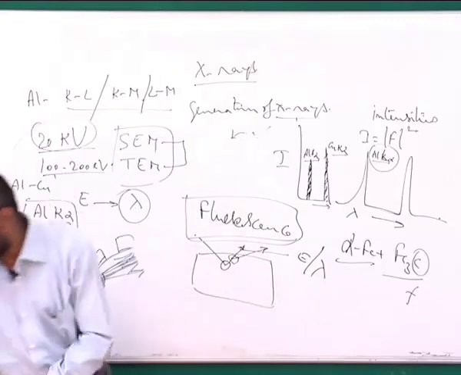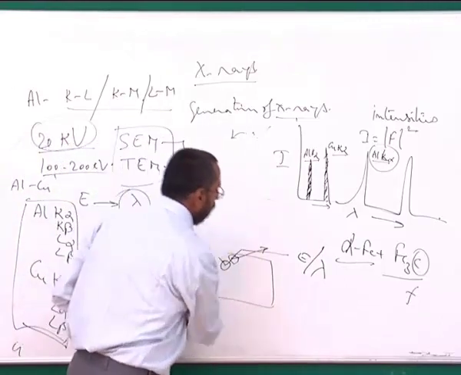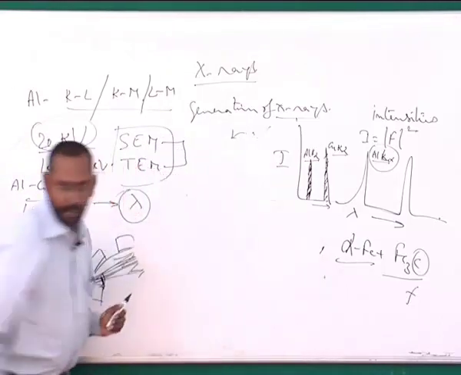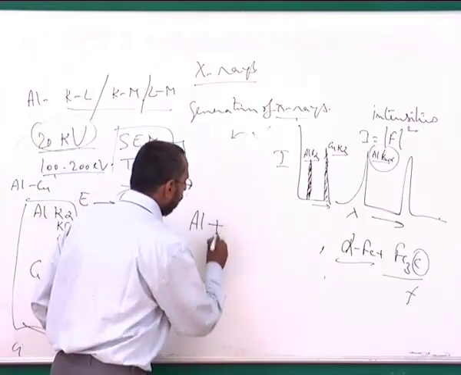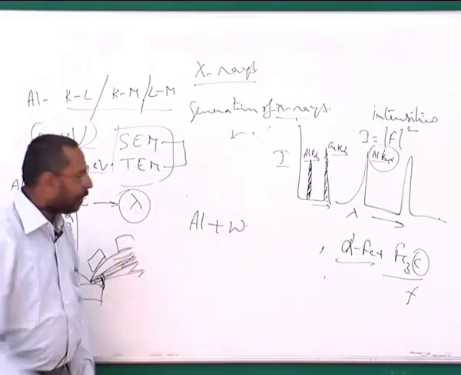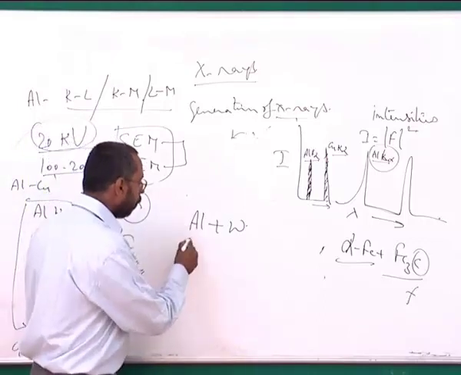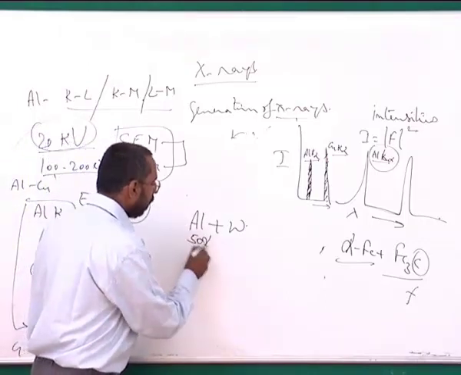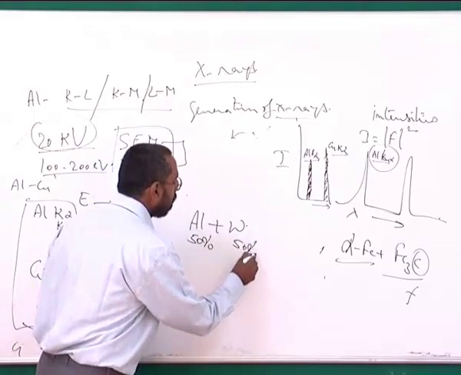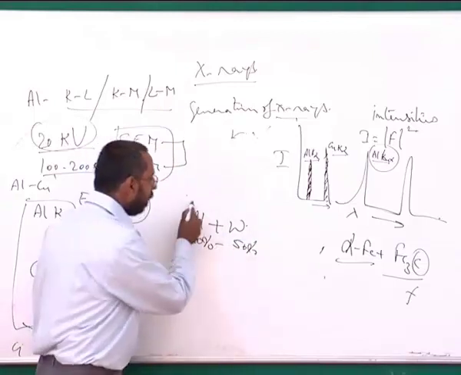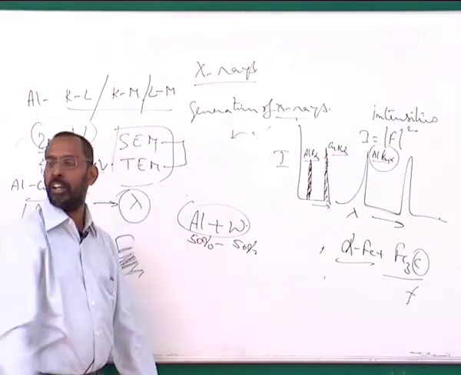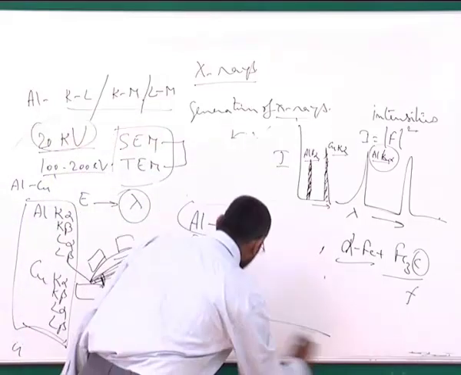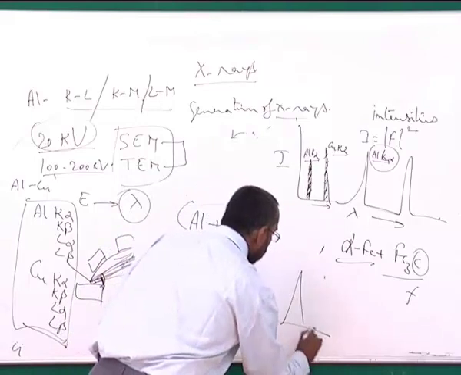For example, if you have a simple example of aluminum and tungsten, if I take about 50% of aluminum and 50% of tungsten, and subject this powder mixture to X-ray diffraction, I am supposed to get a mixture of peaks.